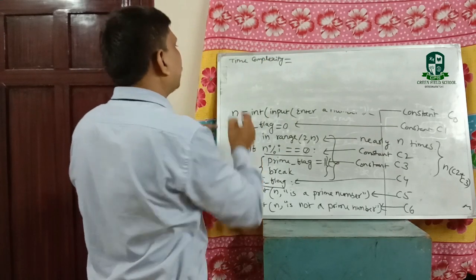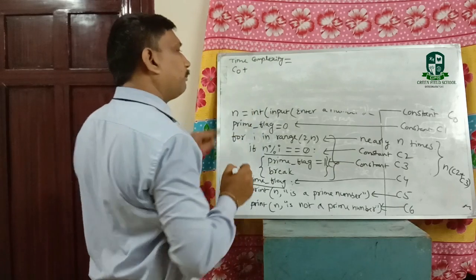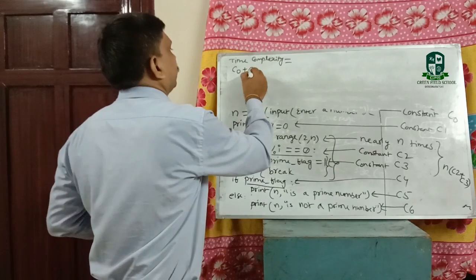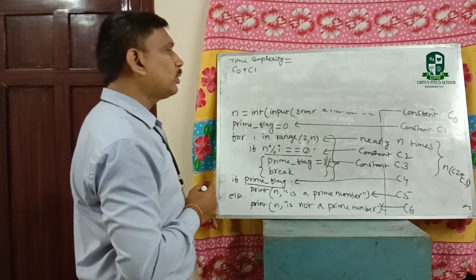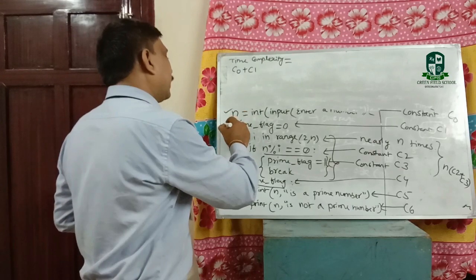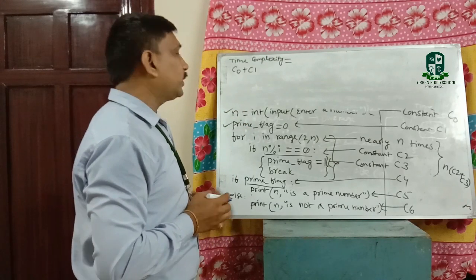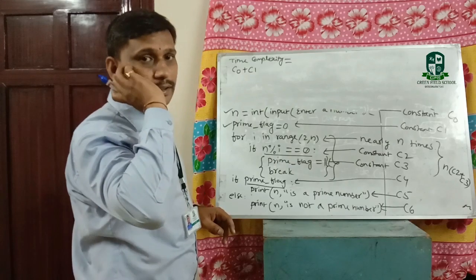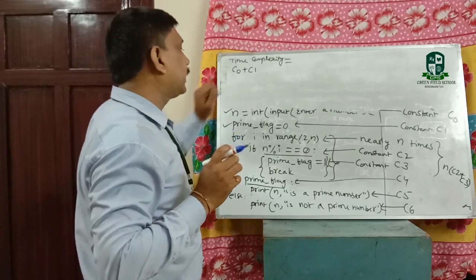For the first two statements, the total time complexity is C0 plus C1. The first two statements, n and prime flag set to 0, are consecutive statements, so C0 plus C1.